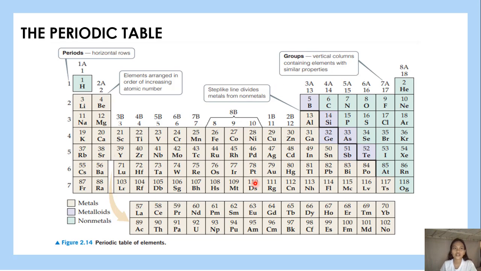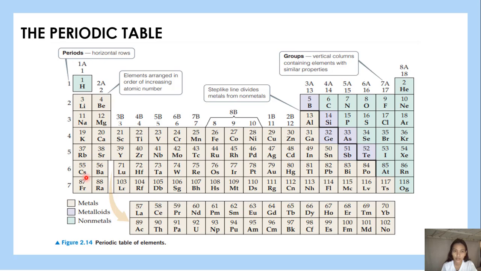These vertical columns are arranged vertically because they contain similar properties. The elements in groups contain the same properties.